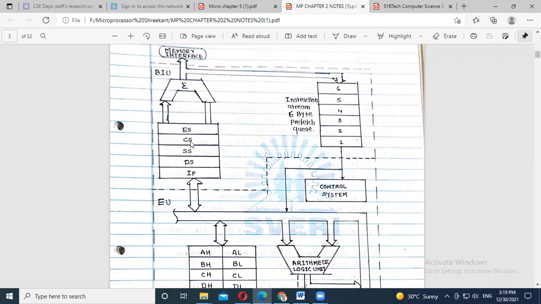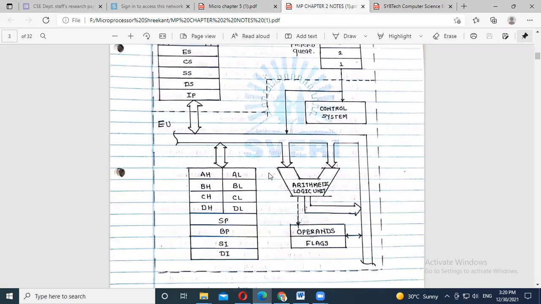Arithmetic operations means addition, subtraction, multiplication, division, and the logical operations means AND, OR, XOR, XNOR, NOT, NAND gate operations are done. This is the symbol of summation here. So this is the entire explanation of the upper portion of the 8086 architecture, that one we call the bus interface unit.